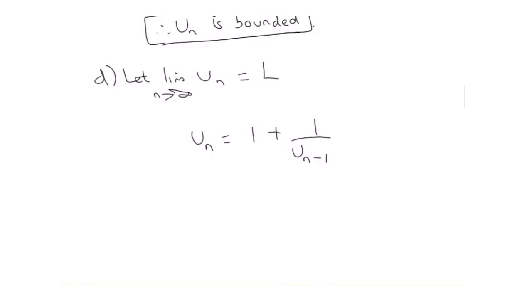If this is approaching the limit, well, as n approaches infinity, the limit as n approaches infinity of U(n-1), well, it's only one term before that, so it's also going to approach exactly the same limit, right?